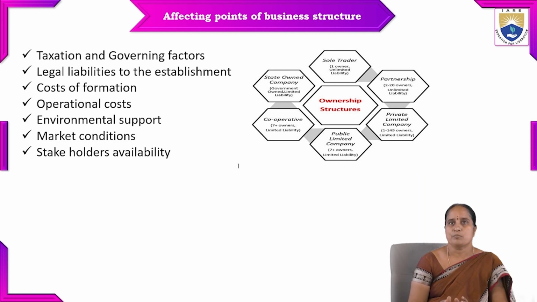And environmental support, whether the society cooperates with you and what kind of responsibility you have towards society. Everything comes under environmental support. Market conditions should also be favorable to the businessman so that he can establish his business effectively, and stakeholders' availability. All those things we consider.